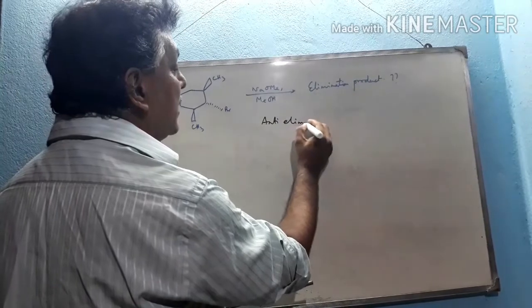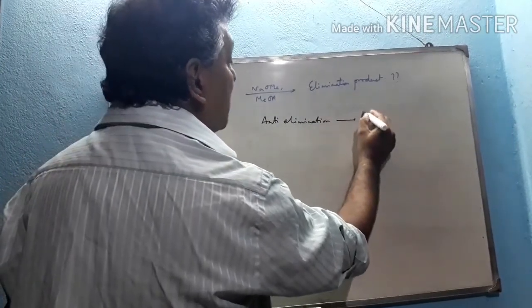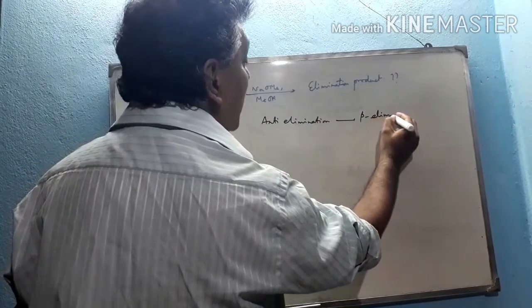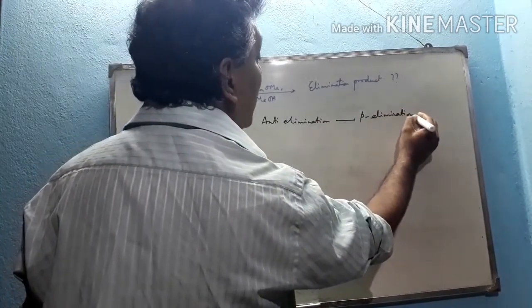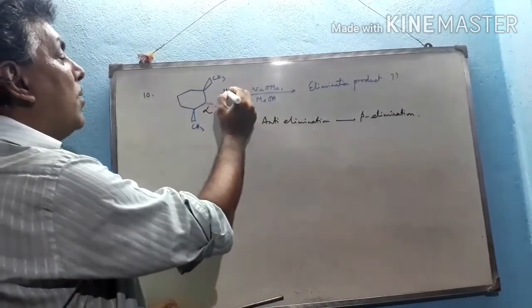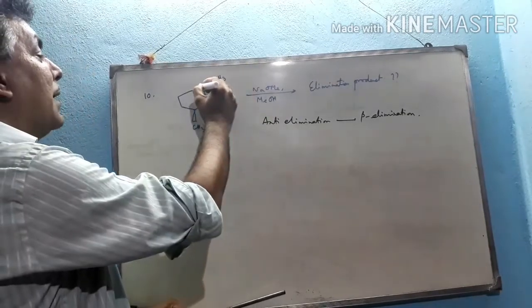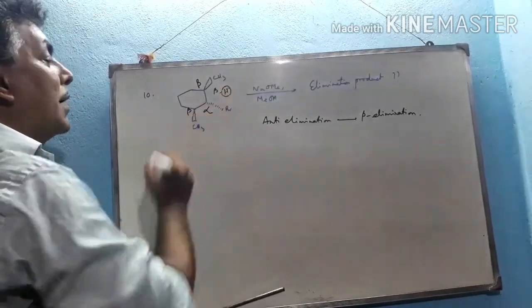And anti-elimination reaction is always beta elimination. Beta elimination means the halogen atom is removed from the alpha carbon and hydrogen atom must be removed from the beta carbon. Now these two are the beta carbons. This is a beta carbon, this is also a beta carbon.